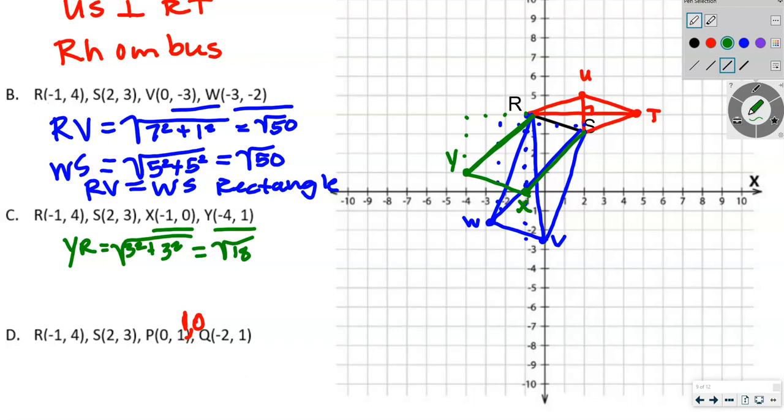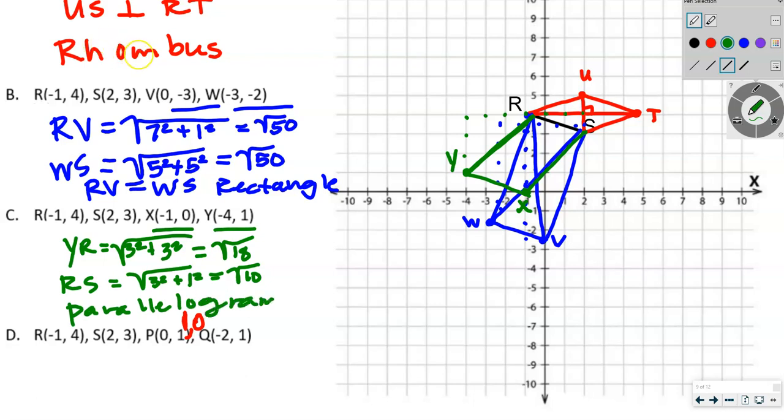So let's count RS. 1, 2, 3, and 1 down. So RS is 3 squared plus 1 squared. Well, that's 9 plus 1, which is the square root of 10. So these are not equal, are they? That would cause us to say that this is absolutely a parallelogram. Okay.